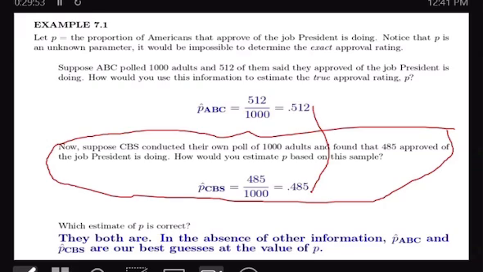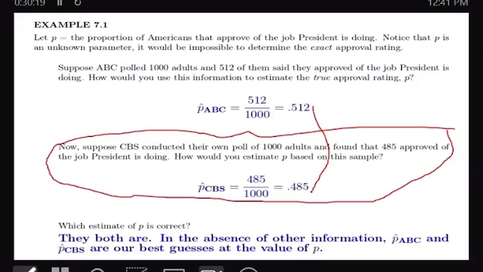Now, what sampling distribution will enable us to know is the possible values statistic can take with their corresponding probability. Because there will be some group of pollsters that have the same value as ABC. There's going to be some pollsters that also have the same value as this.